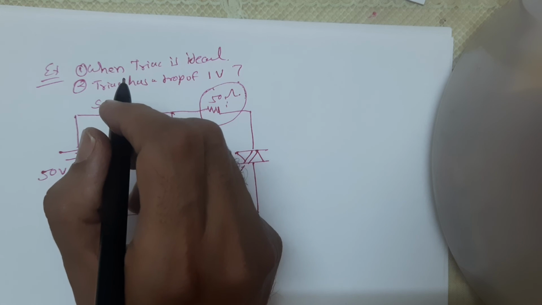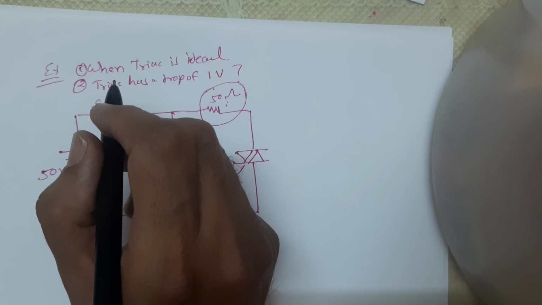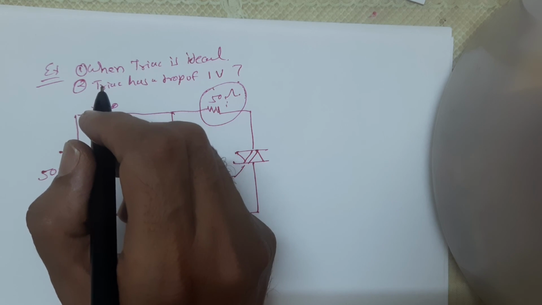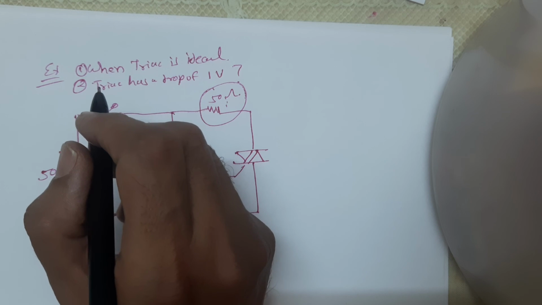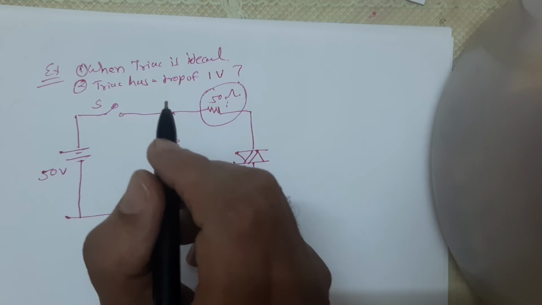The solution is, since the triac is ideal and it is fired into conduction, the voltage across the triac is 0 volt. There is no consumption of voltage. Therefore, the entire supply voltage of 50 volt appears across the 50 ohm resistor.